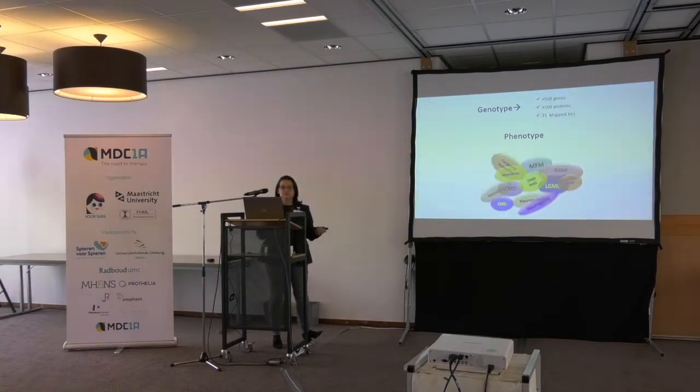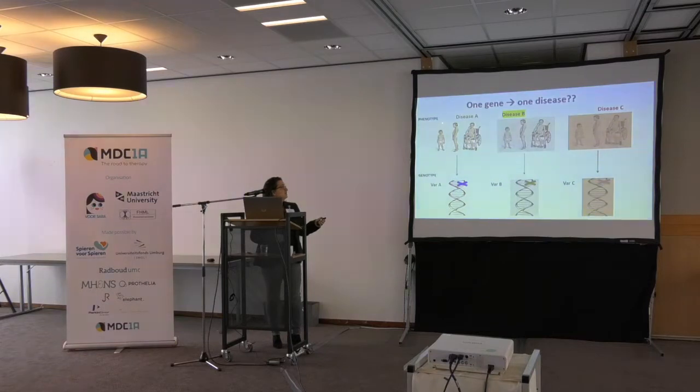What we have is actually a situation which is a bit more like this, where phenotypes are a little bit more overlapping. Unfortunately, instead of one disease, one gene, one genotype, one phenotype, where one specific change in your gene causes one specific phenotype, so variant A in gene A causing disease A, and variant B in gene B causing disease B, what you have is a situation where multiple genes cause the same disease.